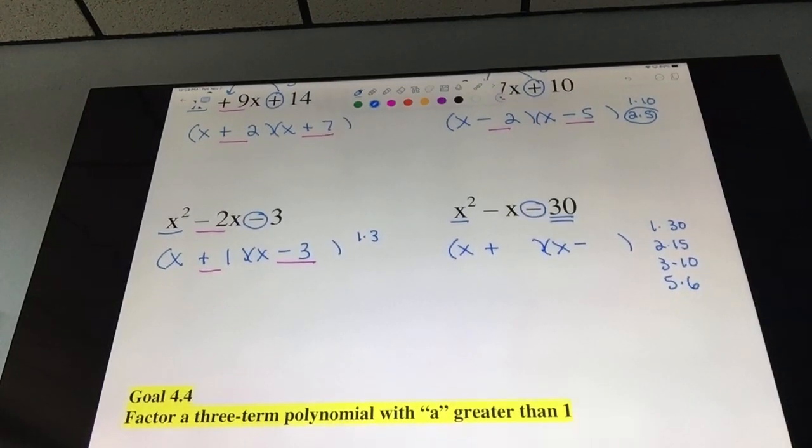So I need a pair that differs by 1. So 5 and 6. And I want it to be -1. So that means the bigger number goes with the minus. So -6 and +5 give me -1.